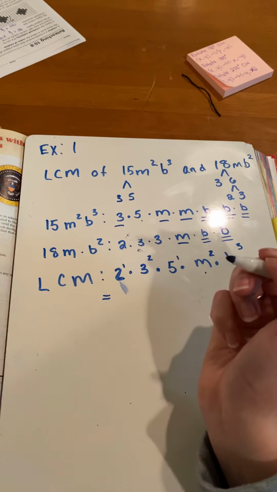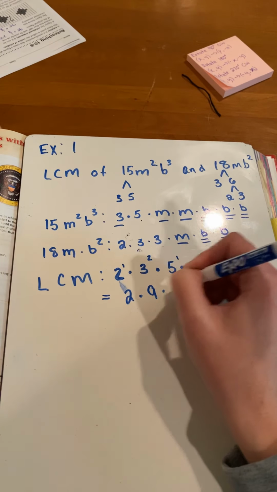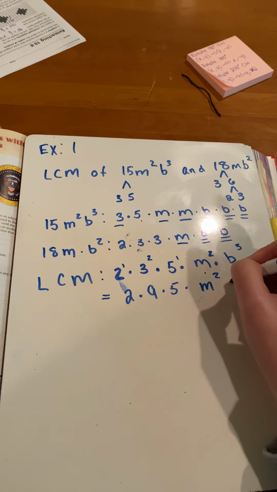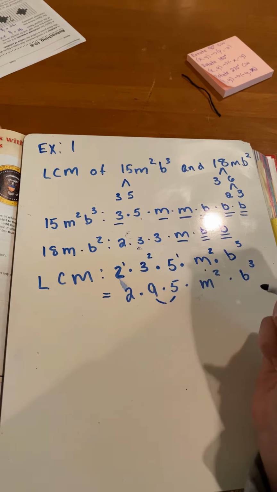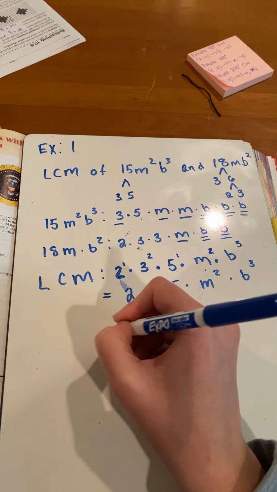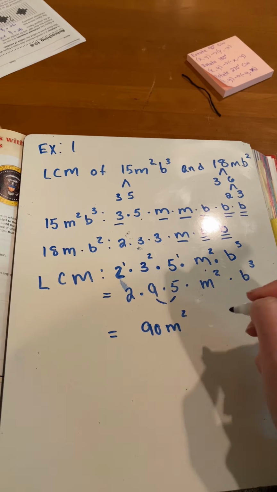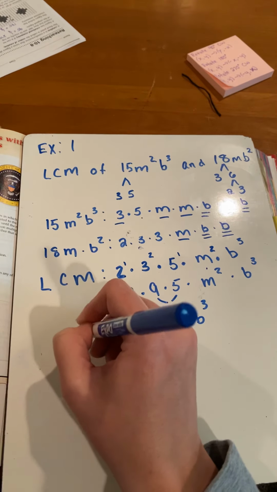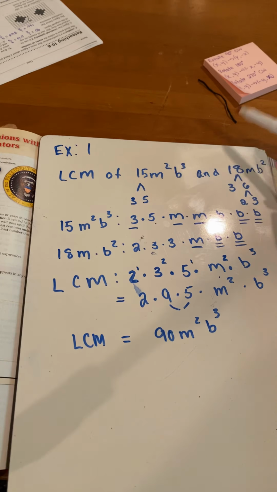And now we're going to multiply it all together. 2 times 9 times 5 times m squared times b cubed. 9 times 5 is 45. 45 times 2 is 90. So 90 m squared b cubed. And that is our least common multiple between the monomials 15 m squared b cubed and 18 m b squared.